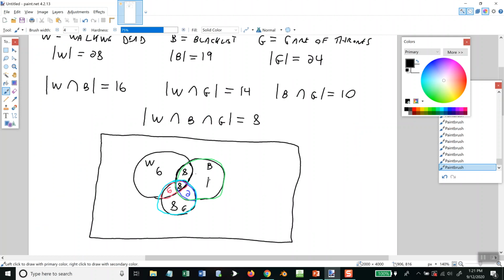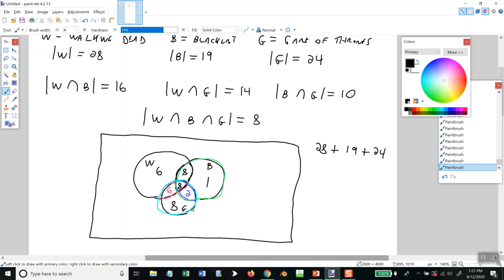Well, we got our 28, that's the cardinality of W, plus 19, which is our cardinality of Blacklist, plus our number that's in G, which is 24.